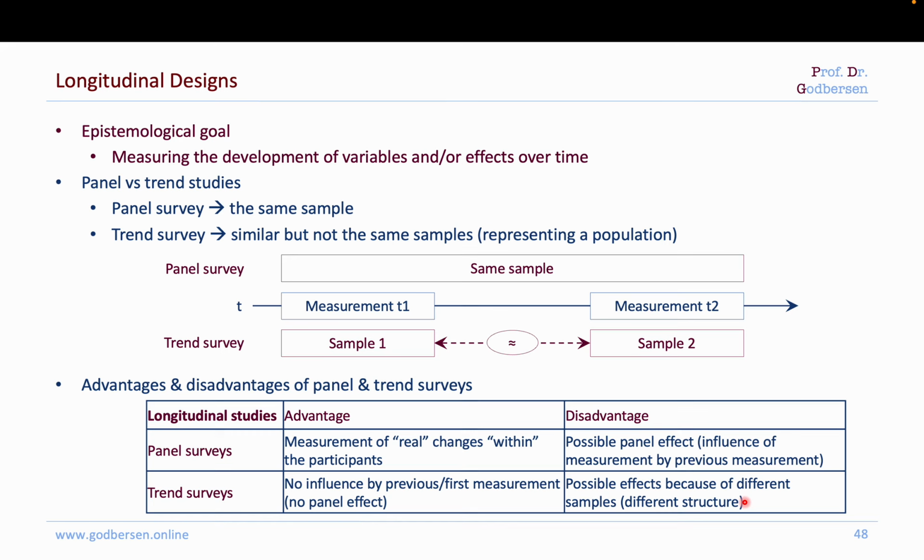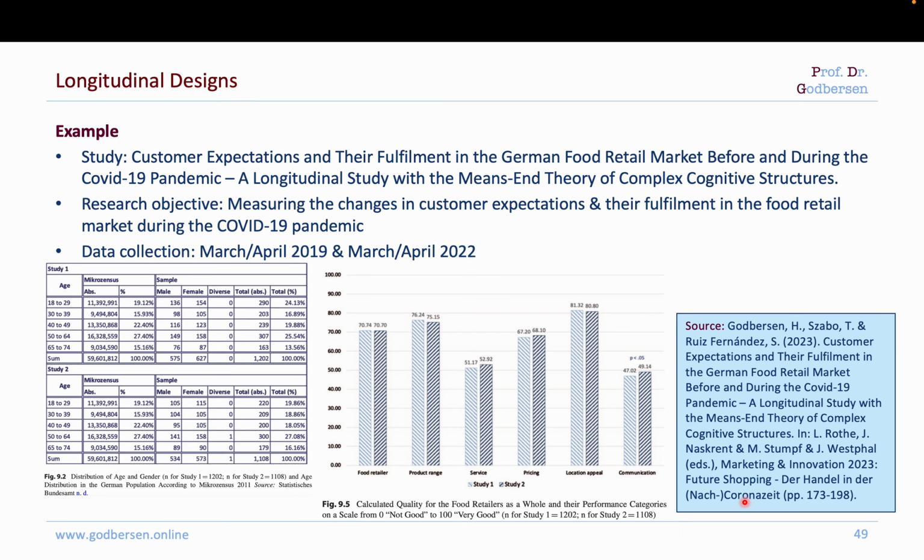Let me give you an example of how such longitudinal studies look. That is from a publication I could realize with 2 co-authors, and it is about customer expectations and their fulfillment in the German food retail market during the COVID-19 pandemic.